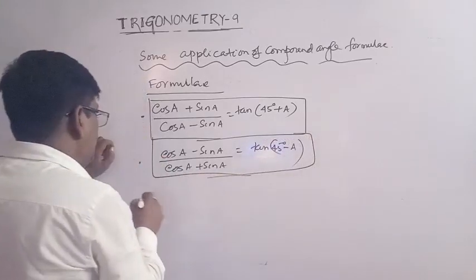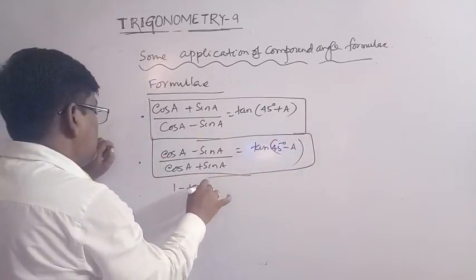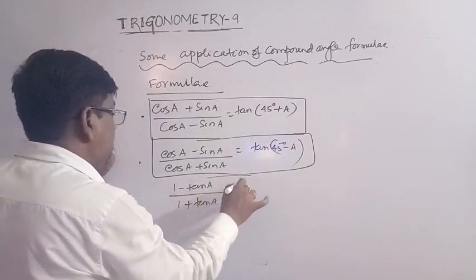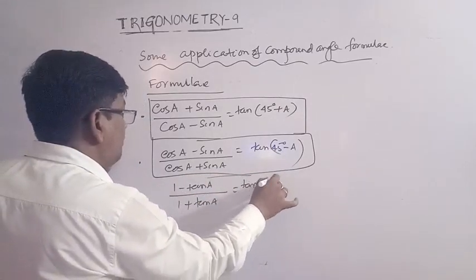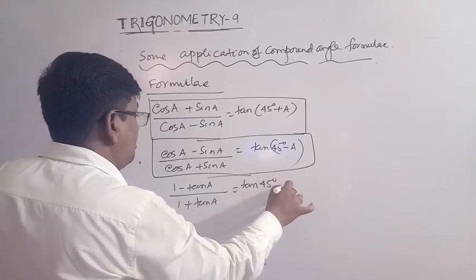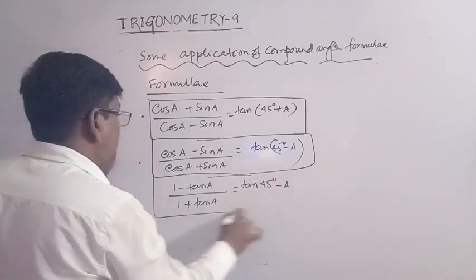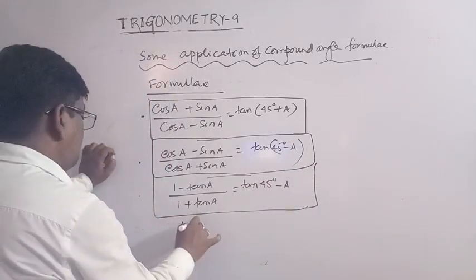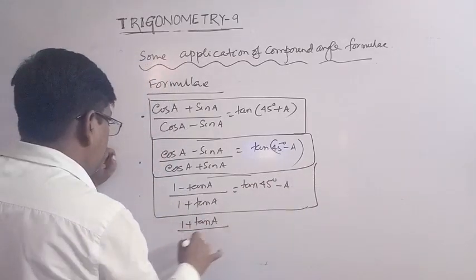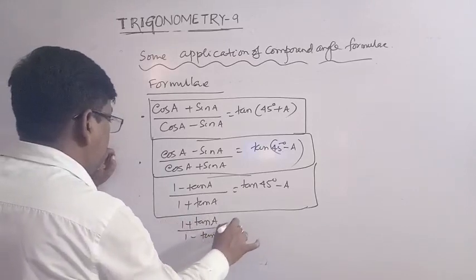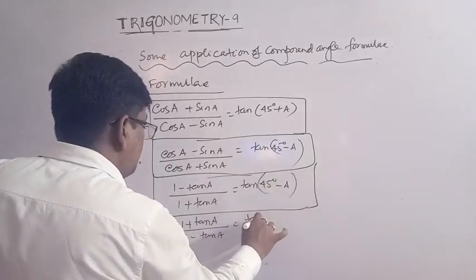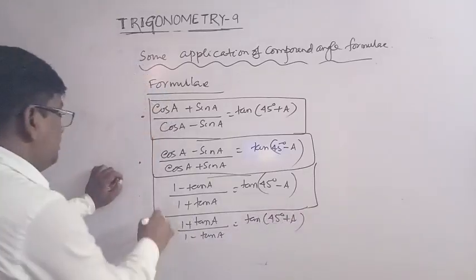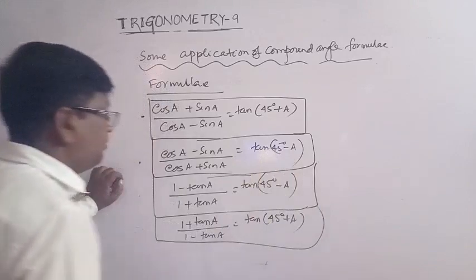And the third one is (1 minus tan A) divided by (1 plus tan A), which is equal to tan (45 degree minus A). And (1 plus tan A) by (1 minus tan A) is equal to tan (45 degree plus A). These are the important formulas for 1 mark questions.